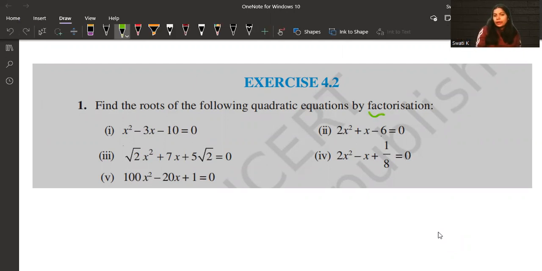I'm hoping that you already know how to do it by factorization, but here we will understand how we can solve all these questions by completing the square method as well, because sometimes they will specifically mention that you have to find the roots of the following quadratic equation by completing the square method only. If you're using the factorization method, even if you are getting the right answer, they're not going to give you the marks. So yes, it's very important to understand this because it's such a nice method.